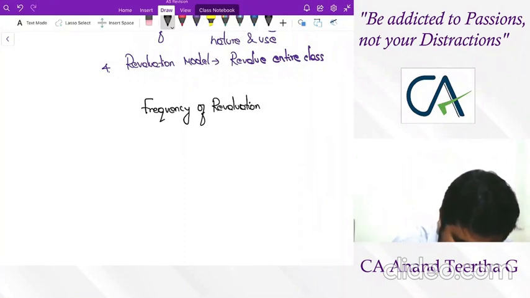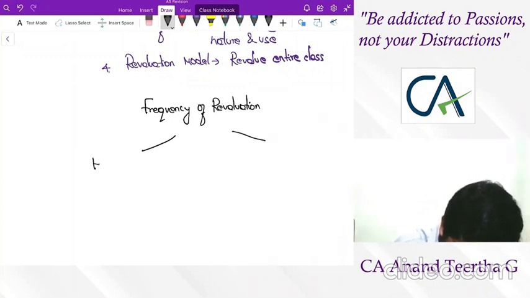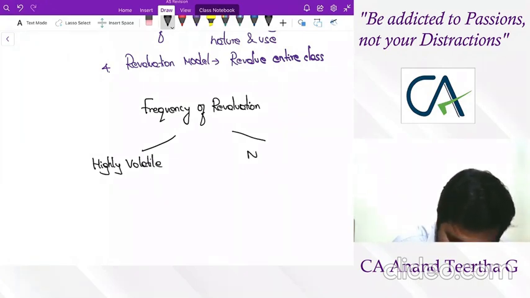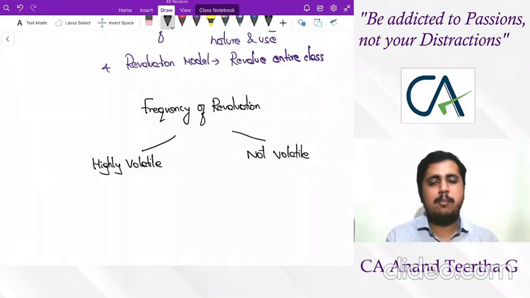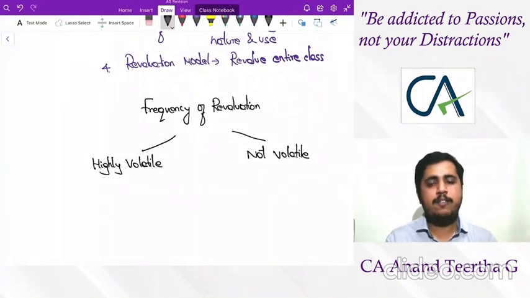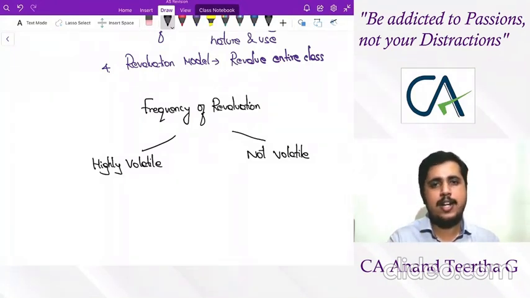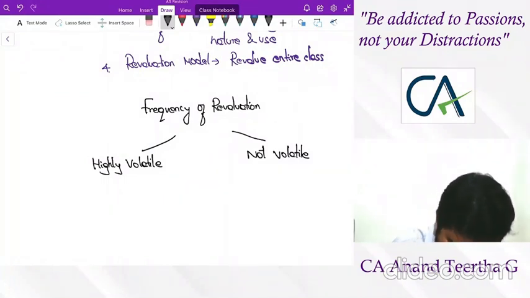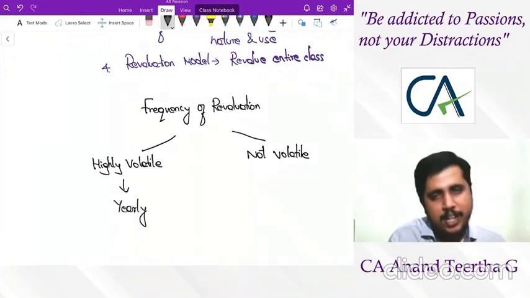For that, the standard said two things. One, if assets are highly volatile, or two, if assets are not so volatile. Volatile basically means value changes due to the market. If it's highly volatile, where the market price keeps on changing, then do it on a yearly basis; revalue every year.